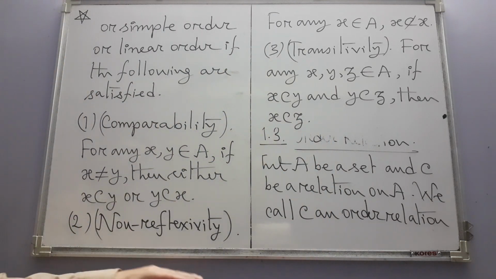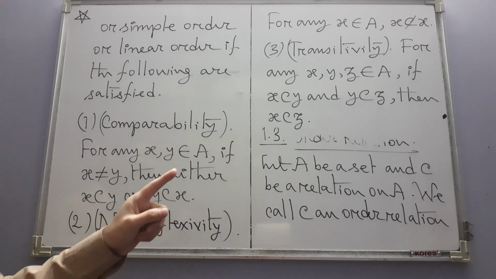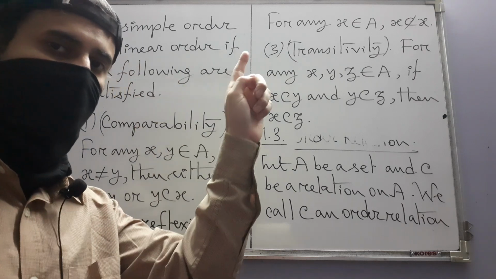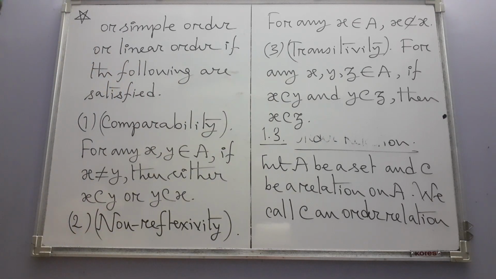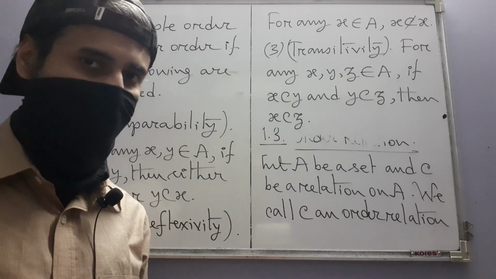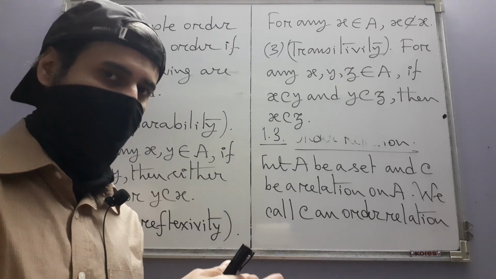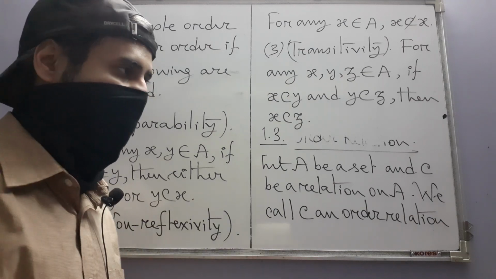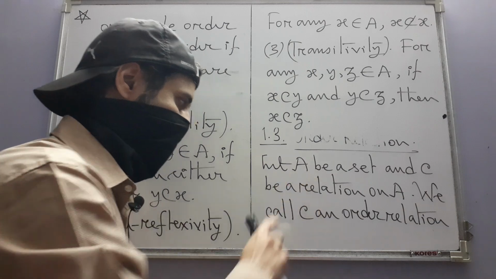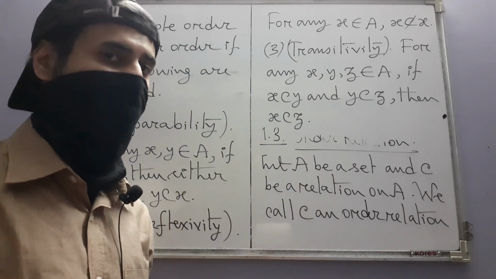If these 3 conditions are satisfied by the relation C, then we call it an ordered relation on A, or a simple order or a linear order. And when you have a set A with an ordered relation on it, then this pair where you have the set and the relation is called an ordered set. An ordered set is not merely a set but a set on which an ordered relation has been defined.